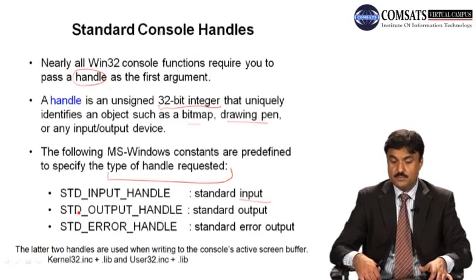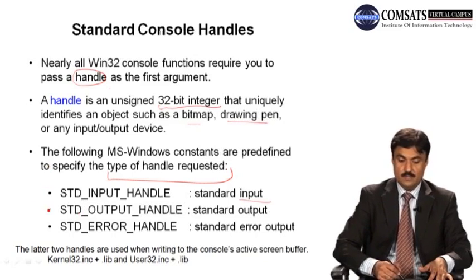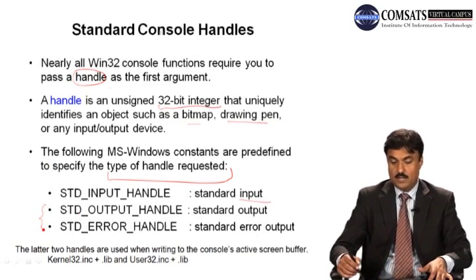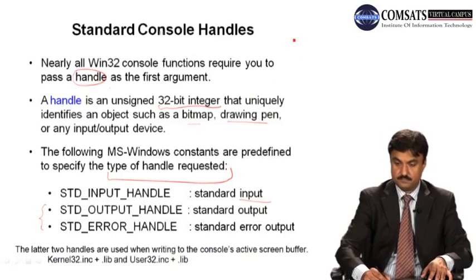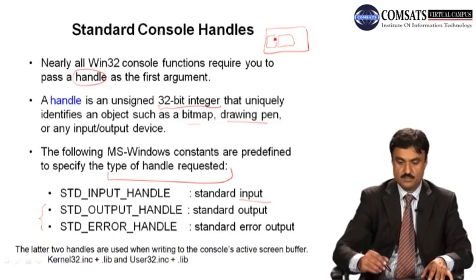So the latter two handles, which we request, are used when writing to the console's active screen buffer. For example, we have the console screen and we have the active screen buffer, and we want to write some data at this point or maybe at that point and so on.